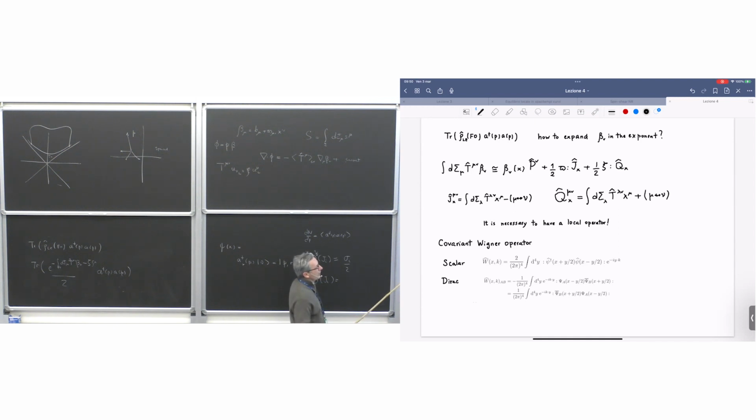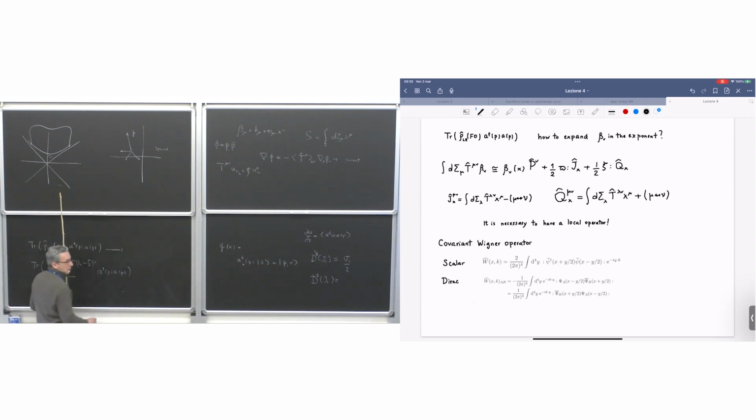So let me express, so the goal is the following. I should calculate this, but this has a problem, as I told you, because here you cannot really expand beta at some point because there is no reference point in a sense. So A dagger P, A, P does not contain any X. Okay, so our task is to turn this calculation into something like this.